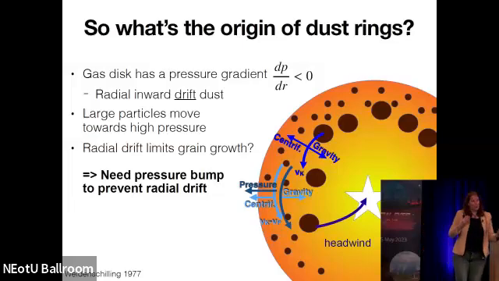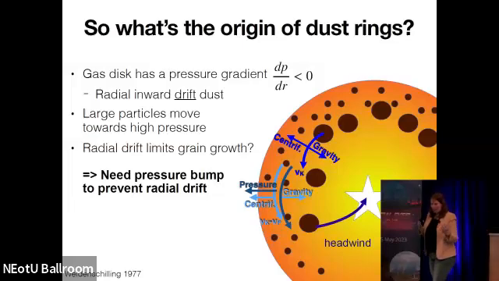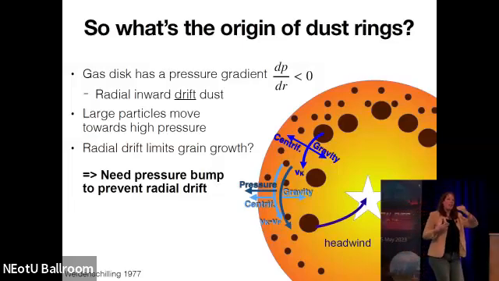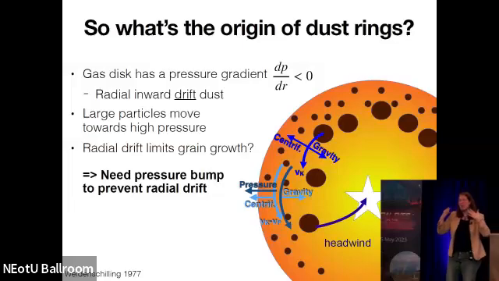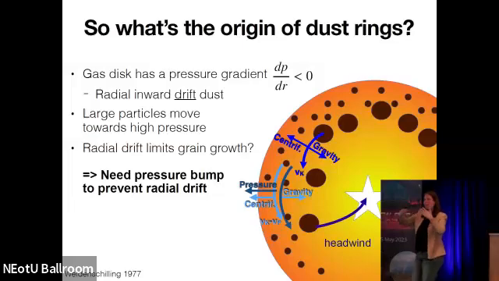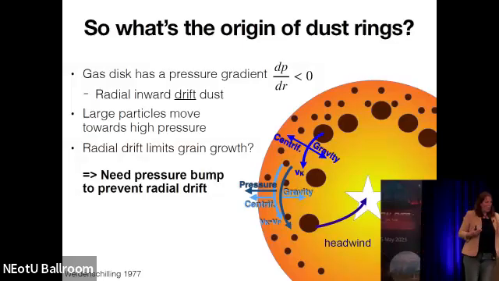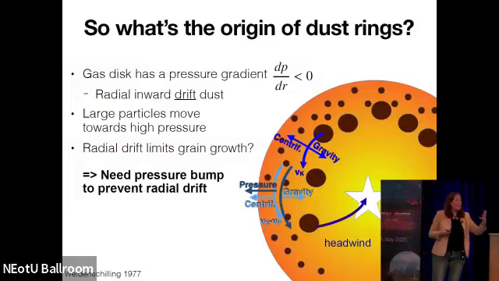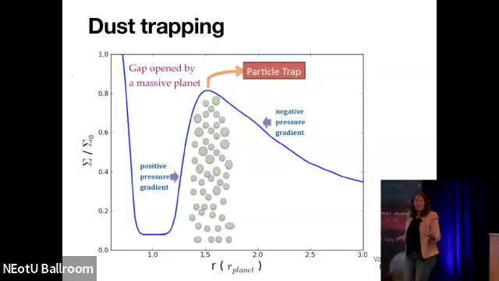A consequence of this whole gas-dust interaction is that large dust grains always move in the direction of high pressure. This is a little bit counterintuitive, but it is because of these multiple effects. If you had something like a high pressure region in the outer part of the disk, you would be able to trap the dust particles there and they would stay there.